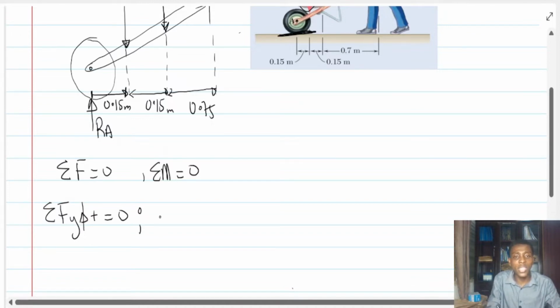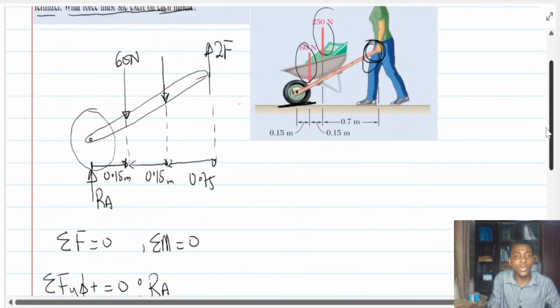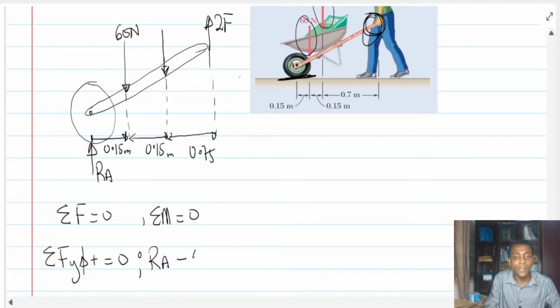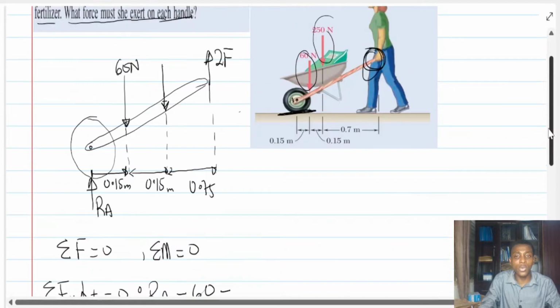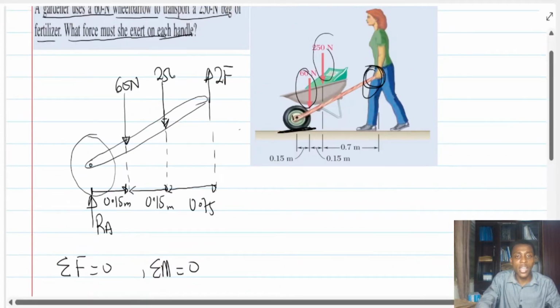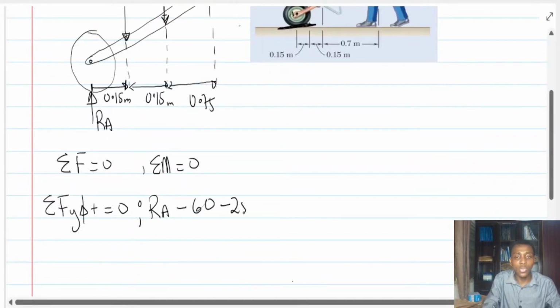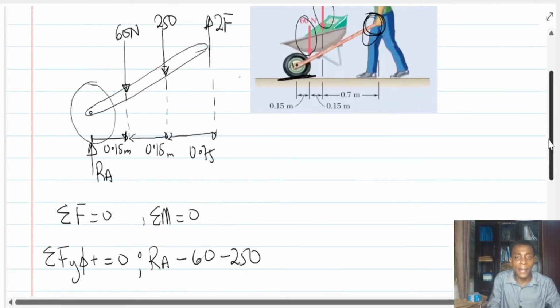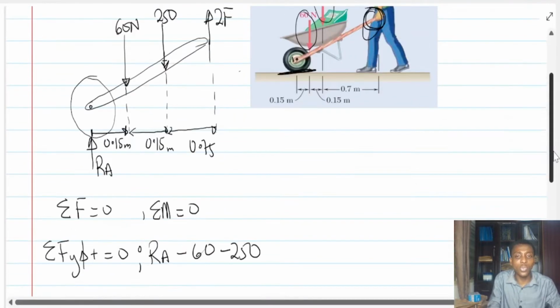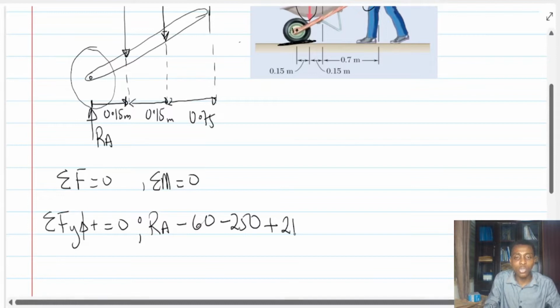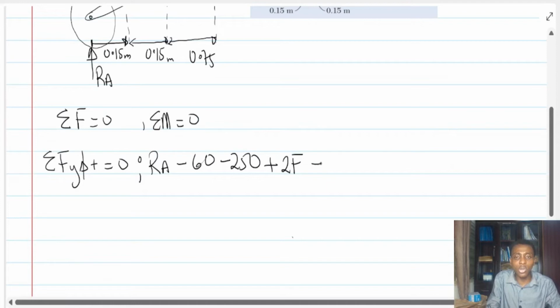Now, how is this going to be? RA is going up, so positive, but the 60 Newton is coming down, so minus 60. Then minus the 250 Newtons, which is also coming down, so negated to minus 250 Newtons. And then 2F is going up, so plus 2F. And this should be equal to 0.